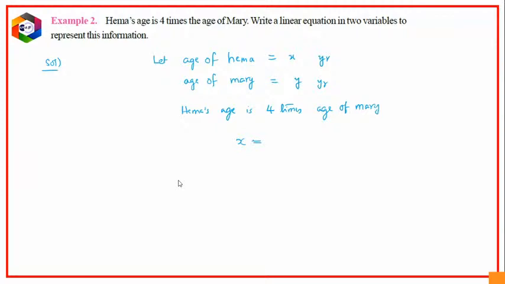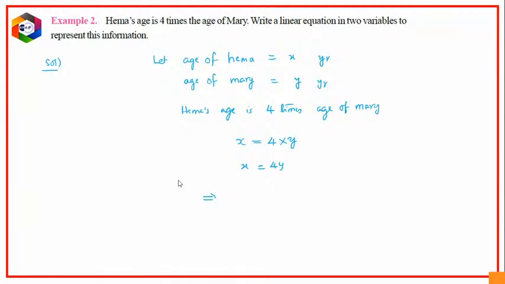As we know, 4 times means 4 into something. So by multiplying with 4, you will get 4 times. 2 times means into 2, 3 times means into 3, 4 times means into 4. 4 times age of Mary, so 4 into age of Mary. Mary's age is Y. So X is equal to 4Y.